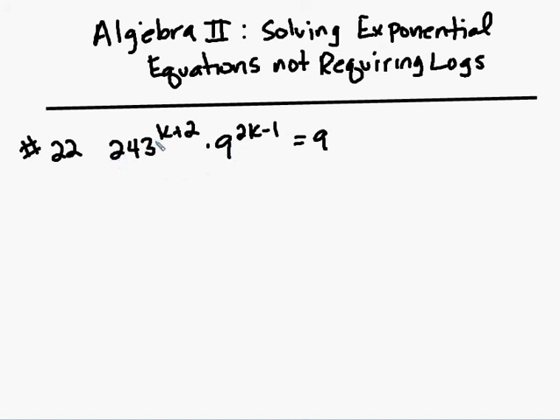So I can rewrite 243 in terms of 9, but I need to handle this in two separate processes. The first is I need to reduce 243 to 3, and then I need to square 3 to make it 9.